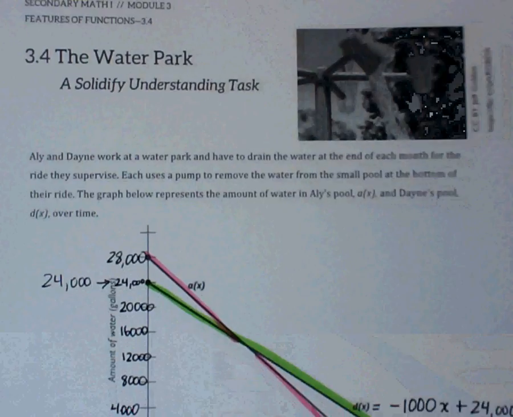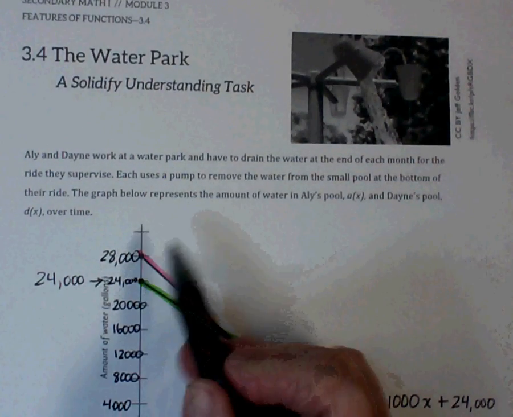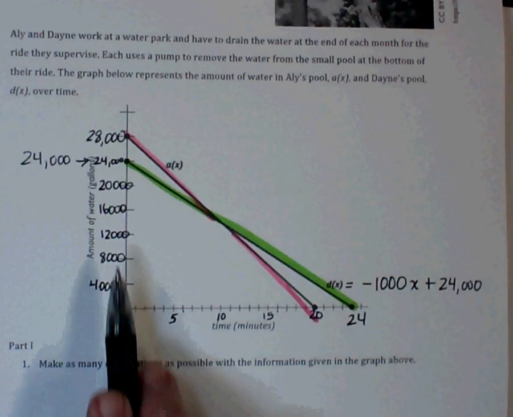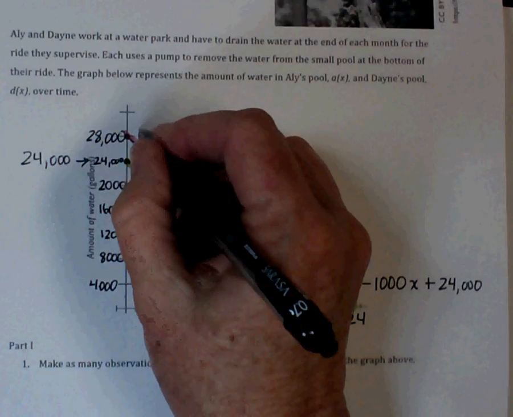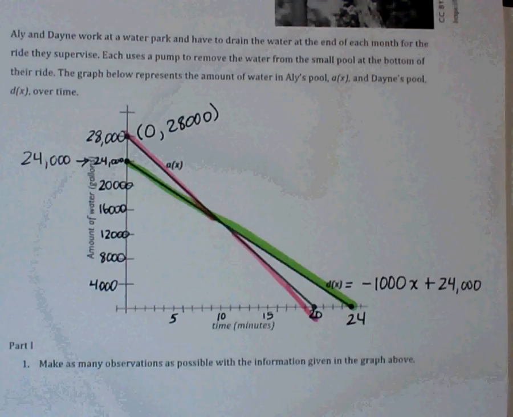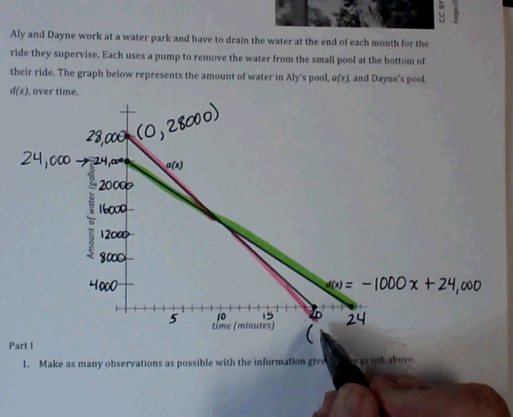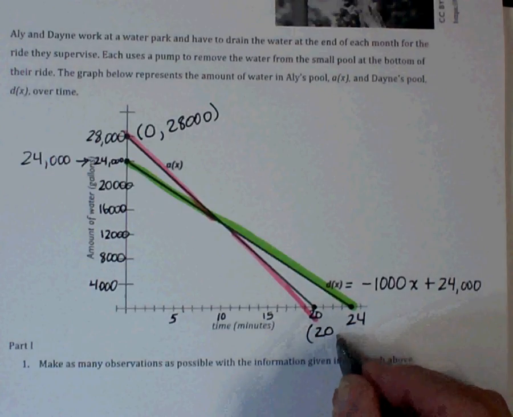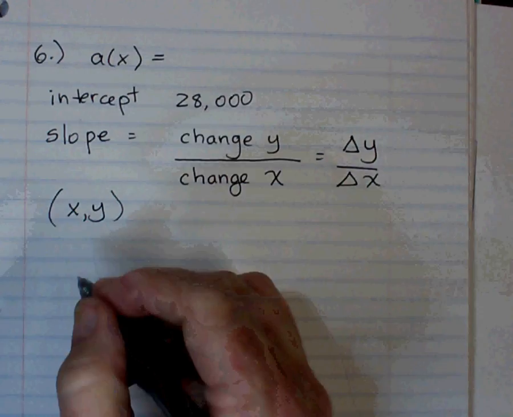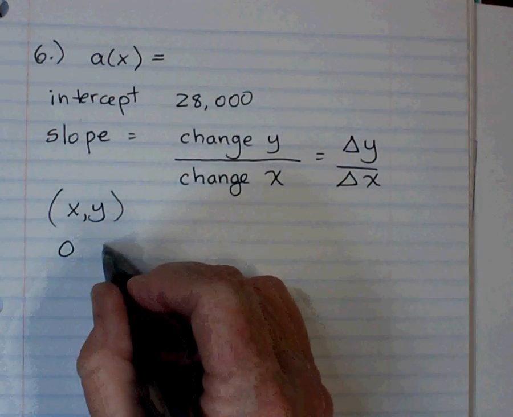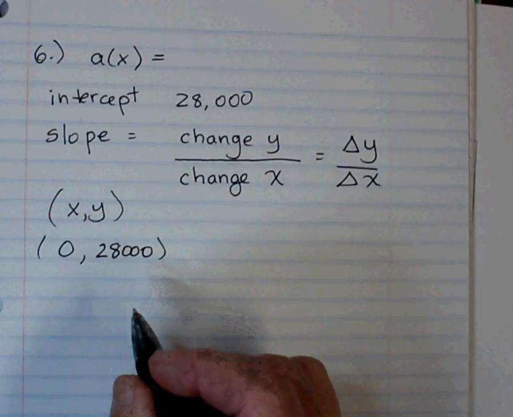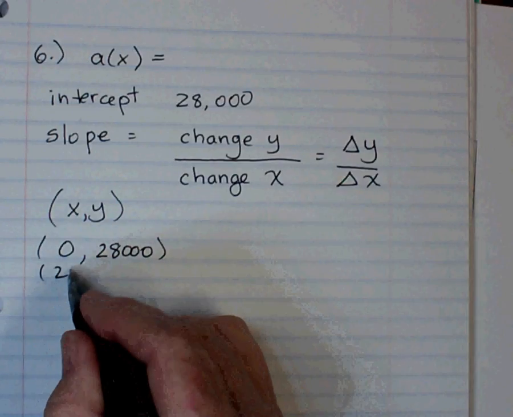I'm going to write them down, and then I'm going to just find the change. So let's label them. We have one here, and in this one, x is 0 and y is 28,000. So this point right here, x is 0, y is 28,000. And then we have this point here, x is 20, y is 0. Okay? So those are my 2 points. 0, 28,000, and I have to stay in the same order, x, y, 20, 0.